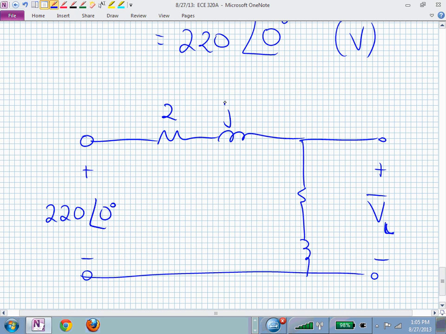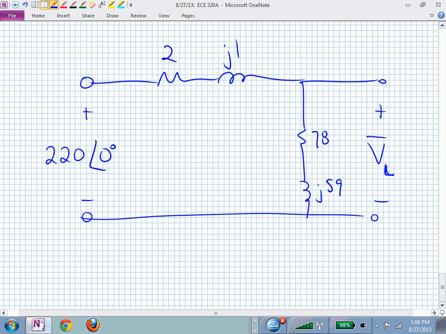Here's the 2, here's the J1. This was 78, and this was J59. And now we could solve this in our favorite way. Let's say that we wanted to find this phasor current that's flowing through that circuit.